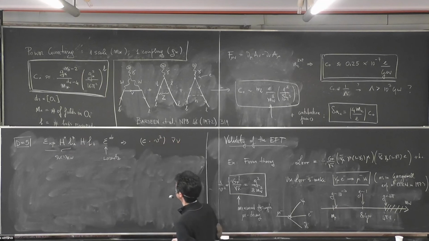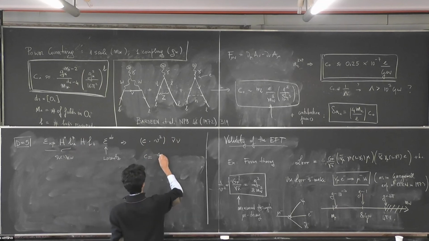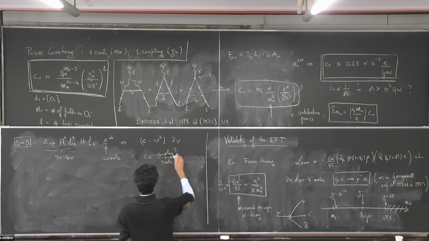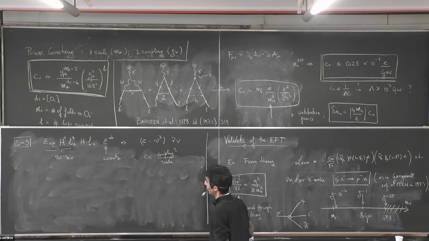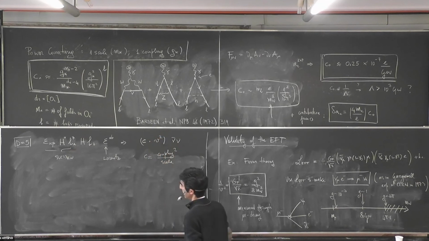This C will go like, there are 4 fields, a coupling squared divided by a scale. So you see that you get exactly the right expression for the mass of the neutrinos.